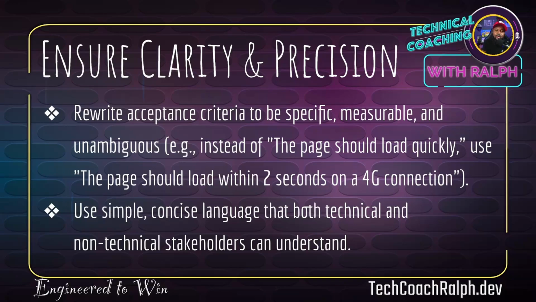Just get straight to the point. Simple, concise. The page should load within 2 seconds on a 4G connection. I don't need you to say the DOM of the HTML page should load within 2,000 milliseconds, yada yada yada. No, just keep it clean. Anybody who reads it should be able to understand it. All right.